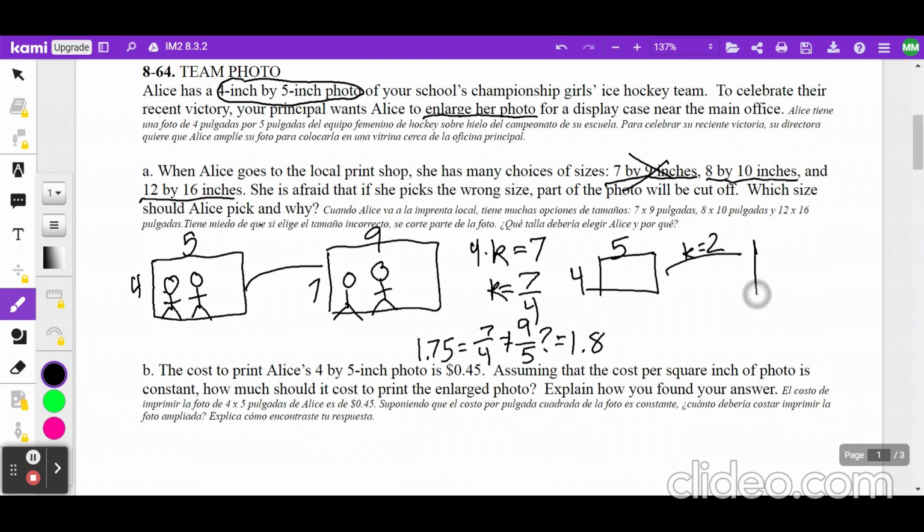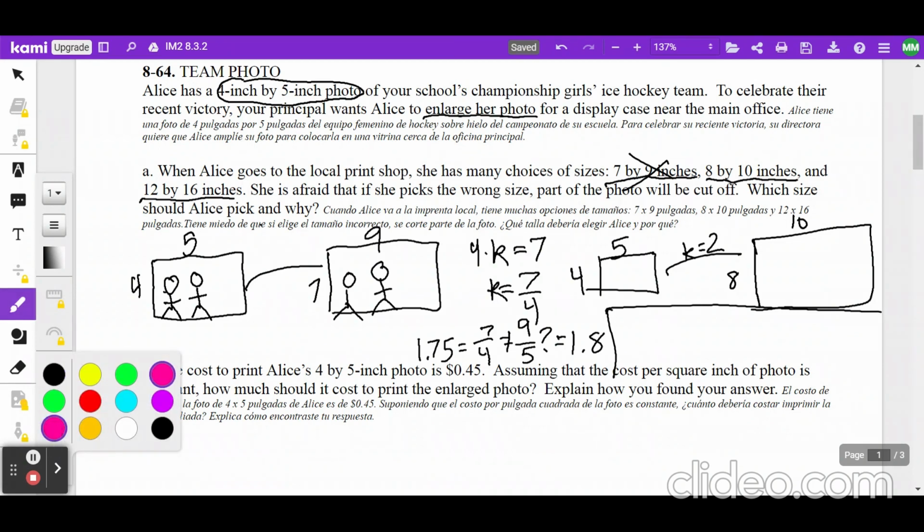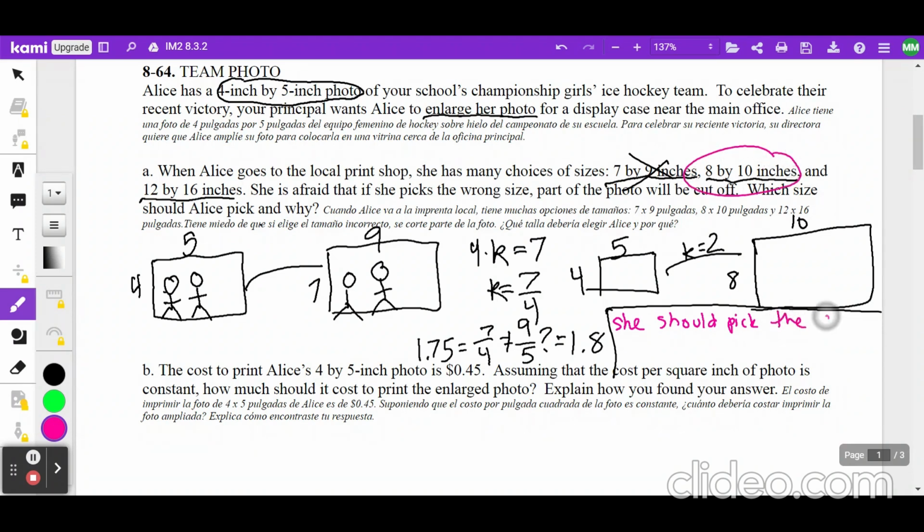This one works. So she needs to pick the 8 by 10.